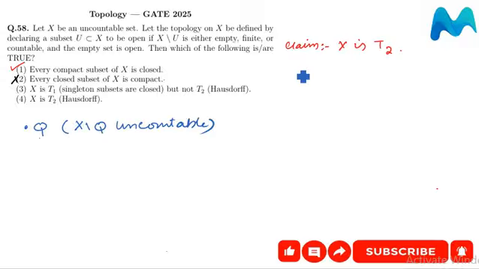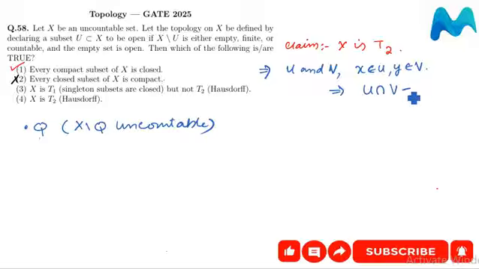So what is the definition of Hausdorff? We have two open sets U and V such that x belongs to U and y belongs to V, then U intersection V is phi. These are the disjoint open sets.